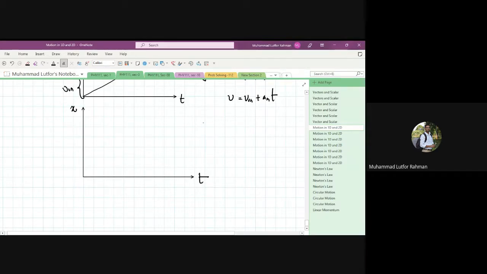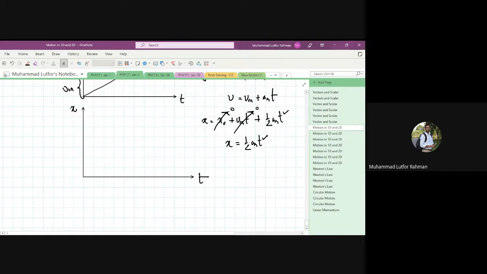x equals x naught plus v naught x t plus half of a x t square. For simplicity, I choose x naught as 0, starting from the origin, and we start from rest also, so the initial velocity is 0. Then I find this would be half of a x t square, right?